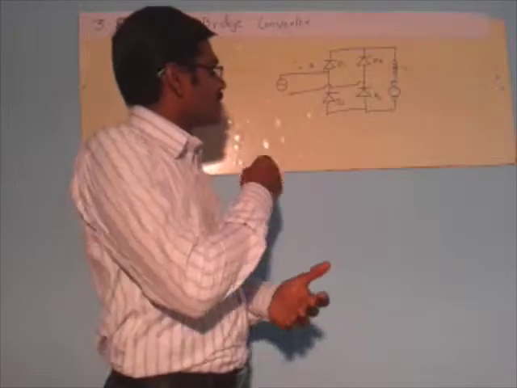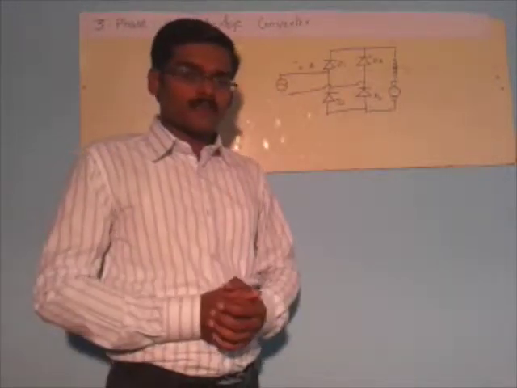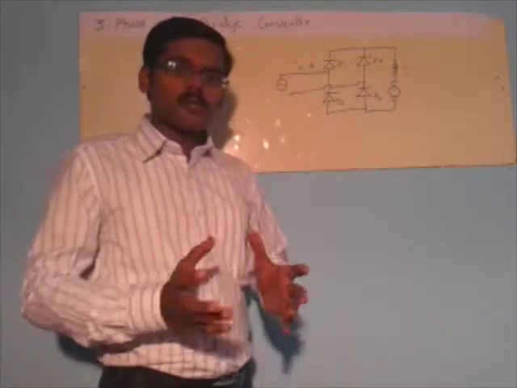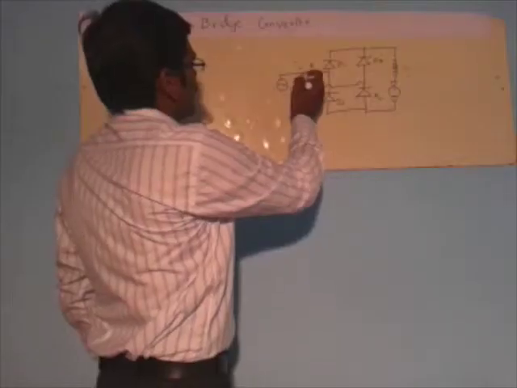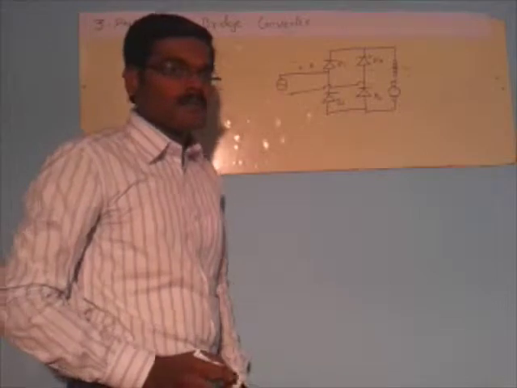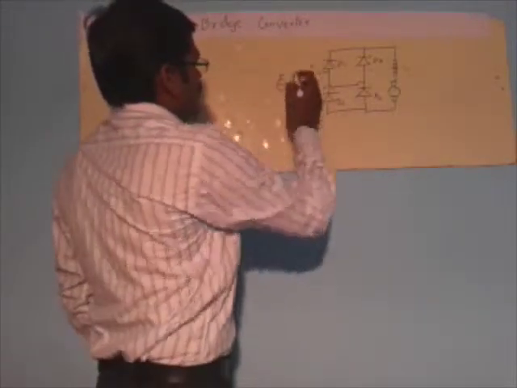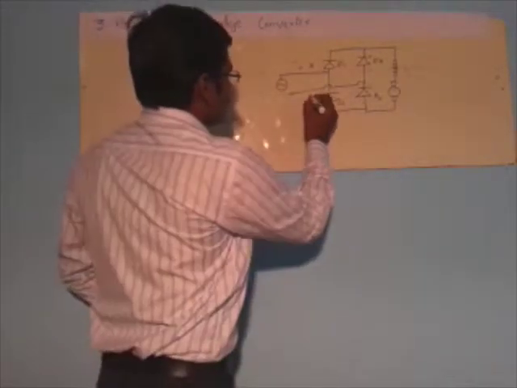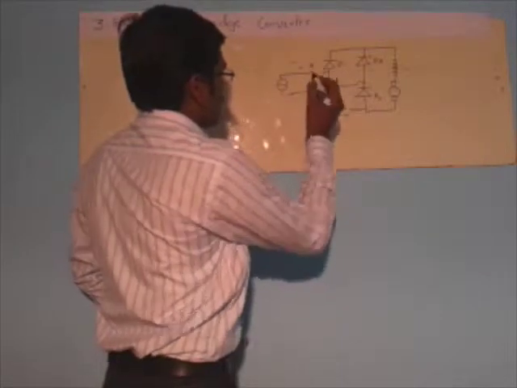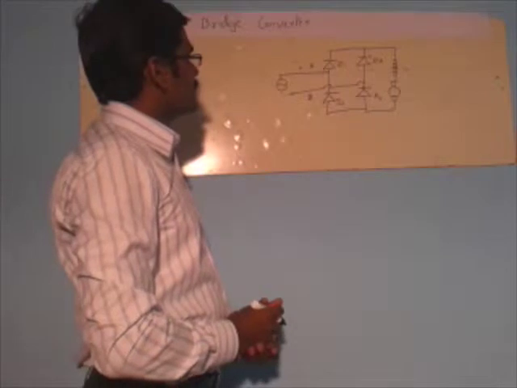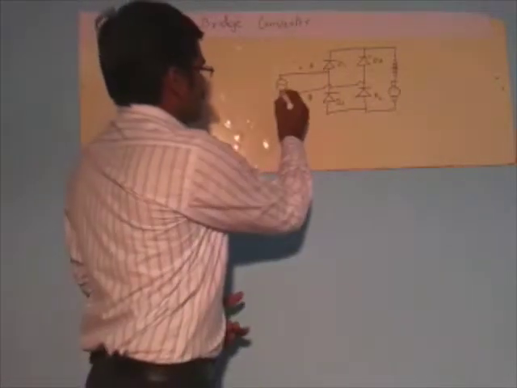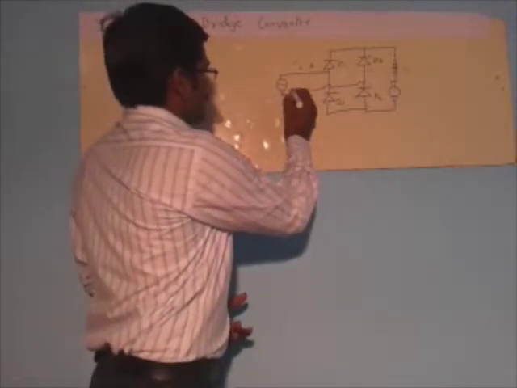This circuit has two mode operation, mode 1 and mode 2. In mode 1 operation, we assume this is point A and this is point B. This is a voltage AC source.